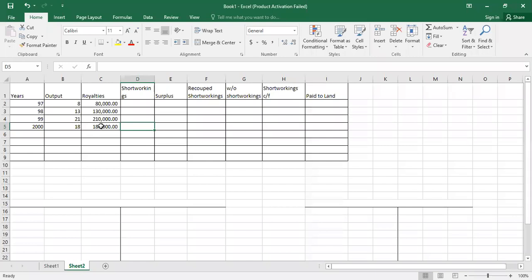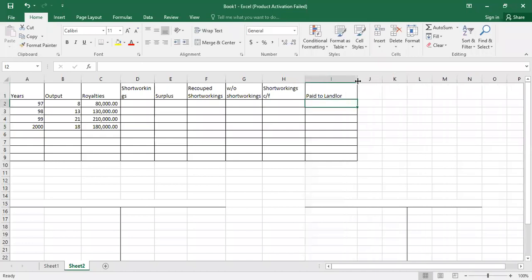This is what is now payable to the landlord. In the first case, we can say paid to landlord, 150,000.